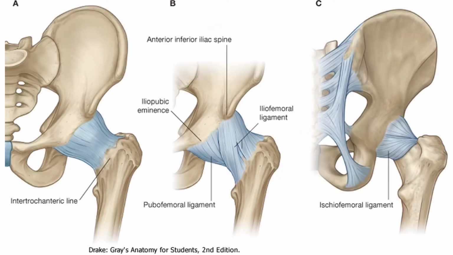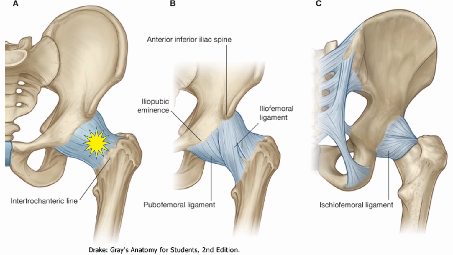Looking from the left, we can see the capsule extending from the margin of the acetabulum to the intertrochanteric line. That is an anterior view.